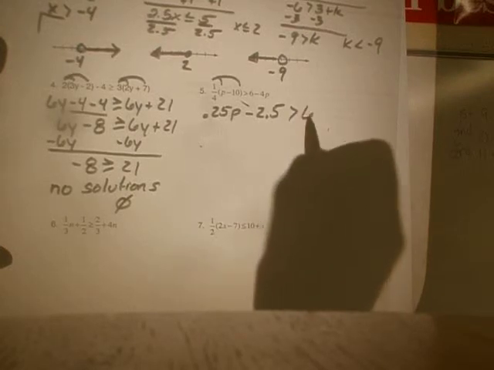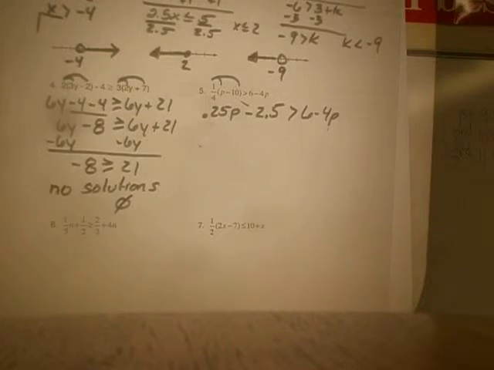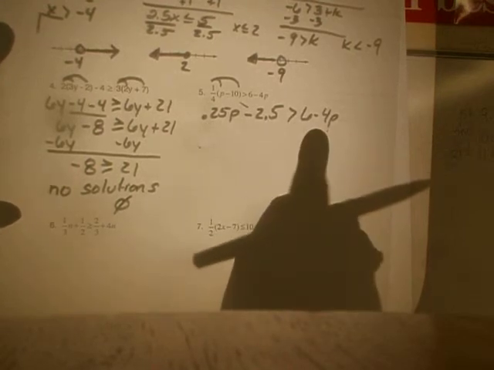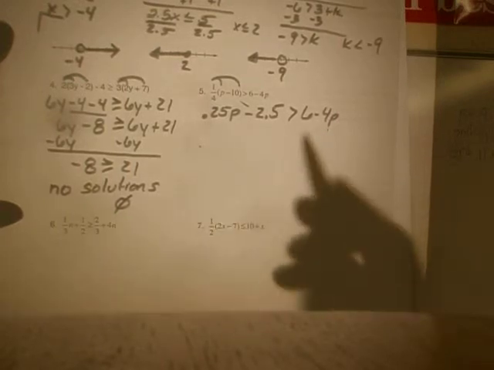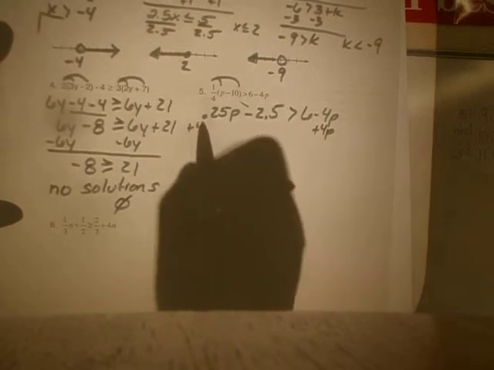And that is greater than 6 minus 4p. If you look at your variables right now, this one is a 0.25 and this is a negative 4. If we get rid of this negative 4, we will turn our variables into a positive. So we're going to add 4p to both sides.